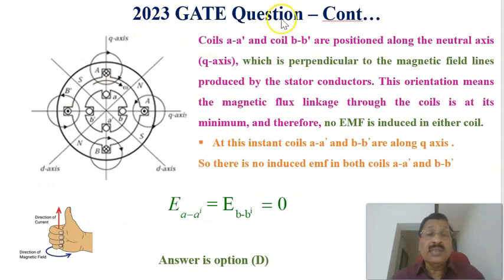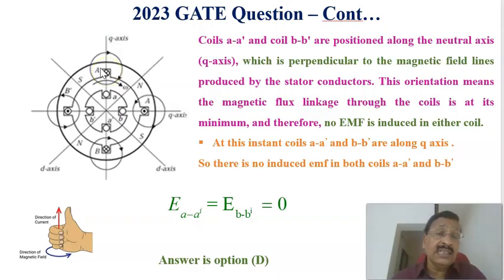Now, continuation of the same problem. The coils aa dash and bb dash represent the rotor coils, and they are positioned along the neutral axis, or q axis. Now let us see what that is. The stator conductor current is entering at this point.